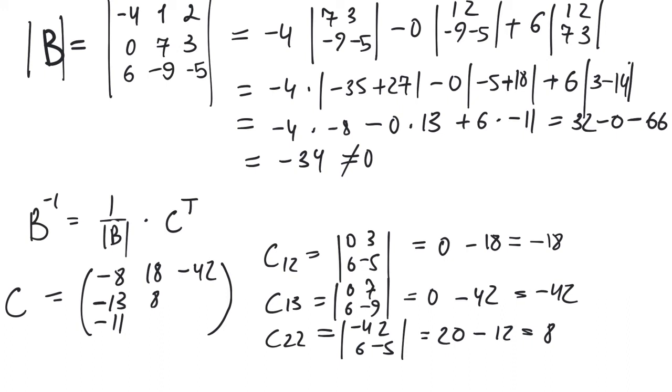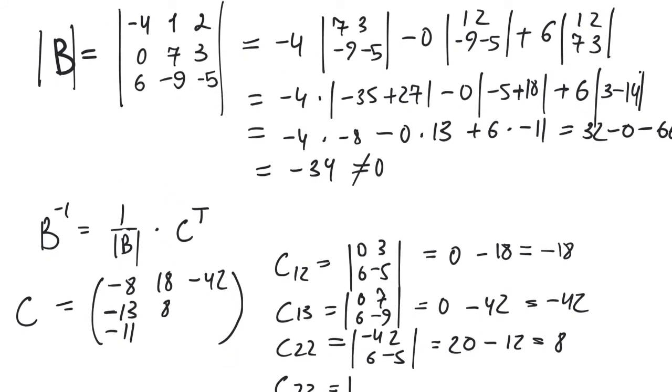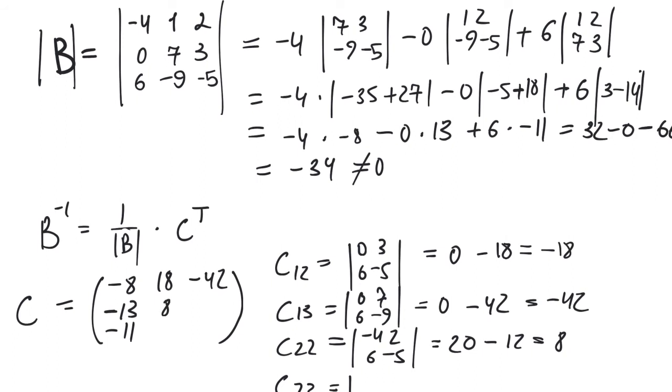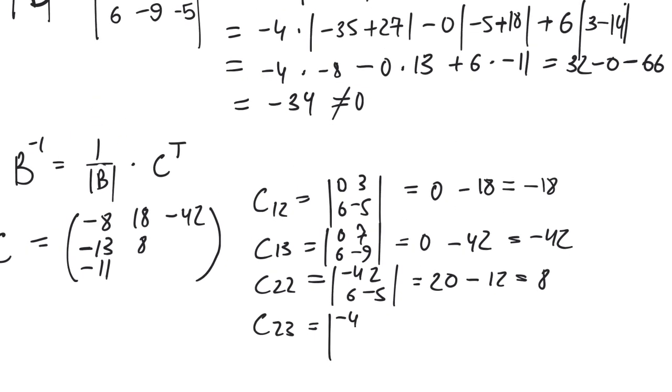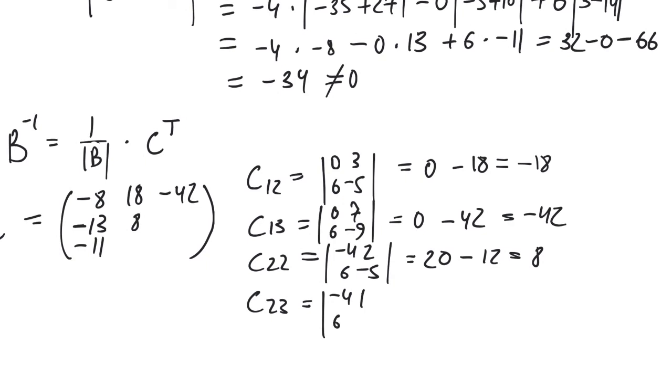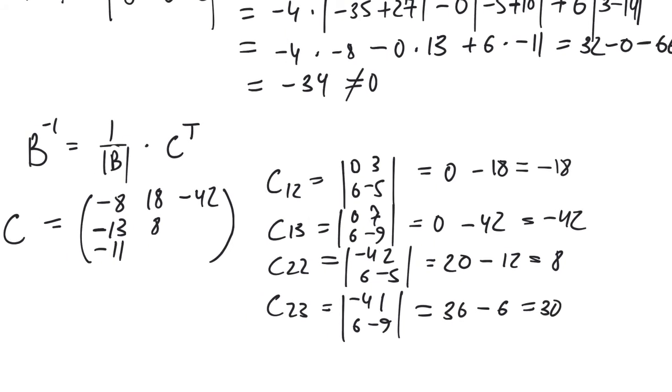So the last one in this row should be C23, and that equals the negative determinant of -4, 1, 6, and -9. Okay, so this gives us 36 minus 6. That equals 30. However, this term is negative because it's minus plus minus, so it's -30.